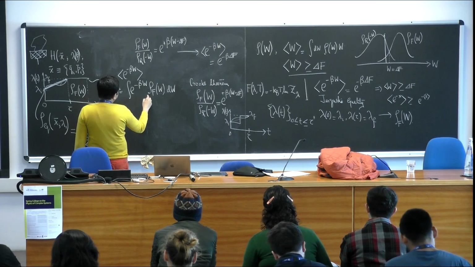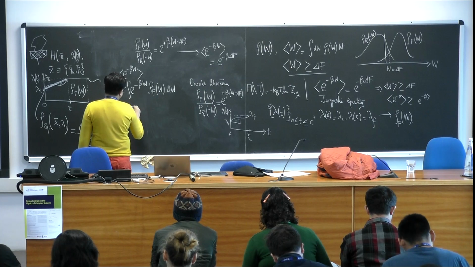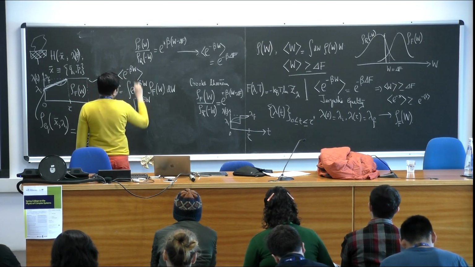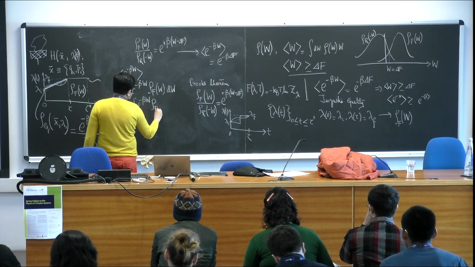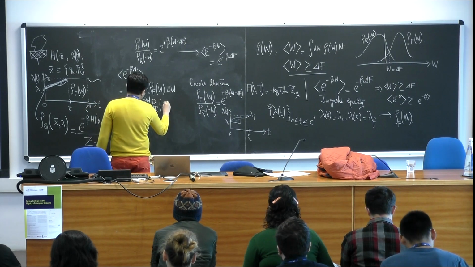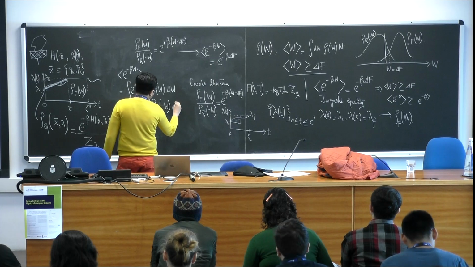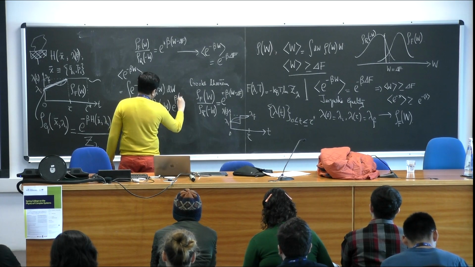Then rho f of w is nothing but, I use now this one, rho r of minus w times e to the beta w minus delta f.